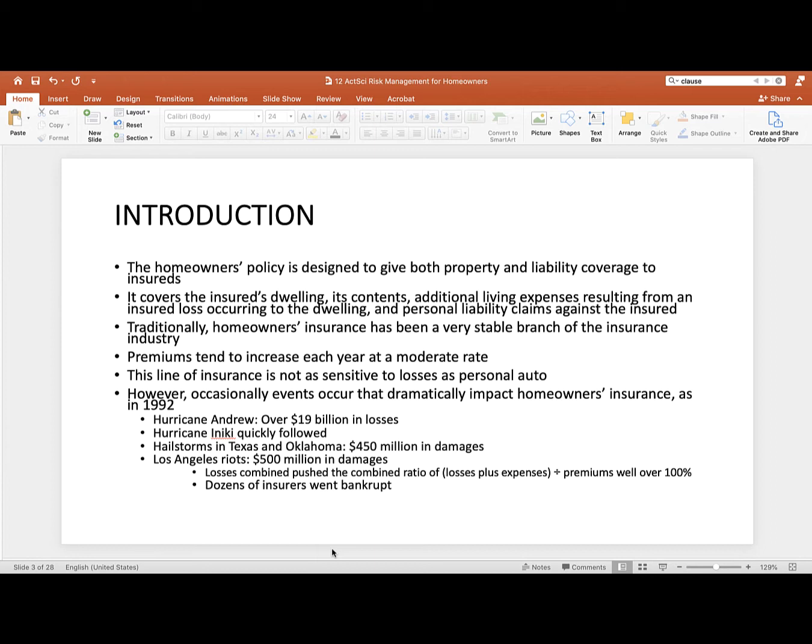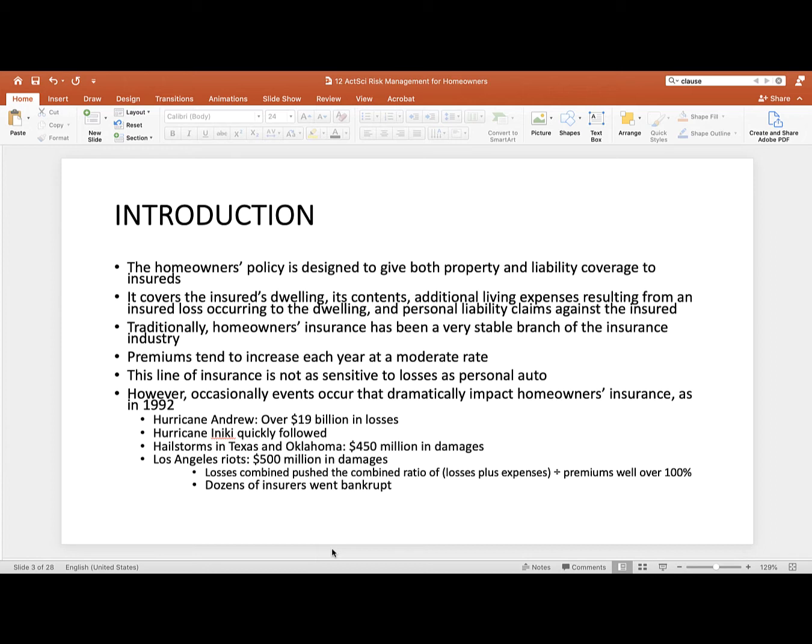And you can see that the insurance companies pay out a lot of money. So the combined losses push the combined ratio. That's called the loss ratio. The loss ratio is the losses plus expenses divided by the premium. So it's some measure of saying, this is what I've paid out for my losses and my expenses, and divide that by what I've had coming in. And often if it's 100%, it basically means what I've received in premiums is what I've paid out as claims.